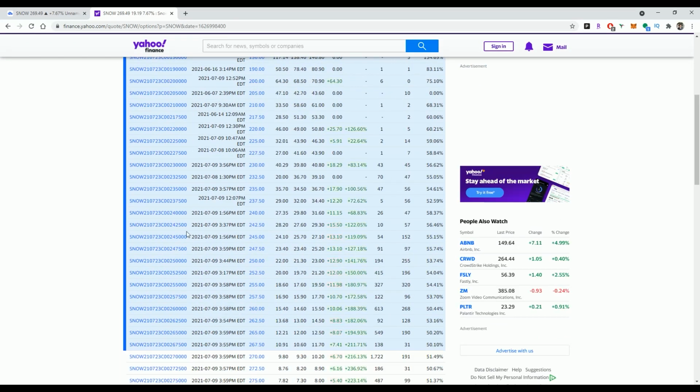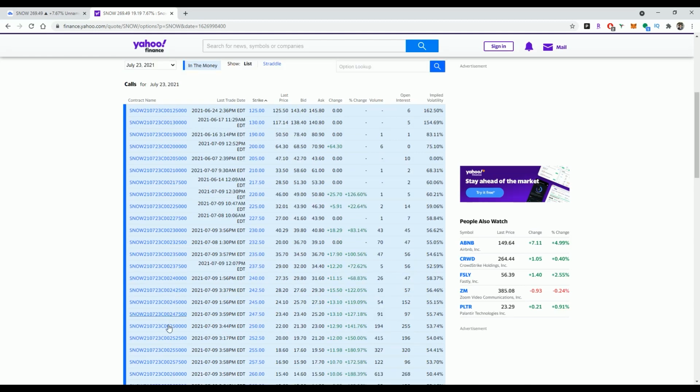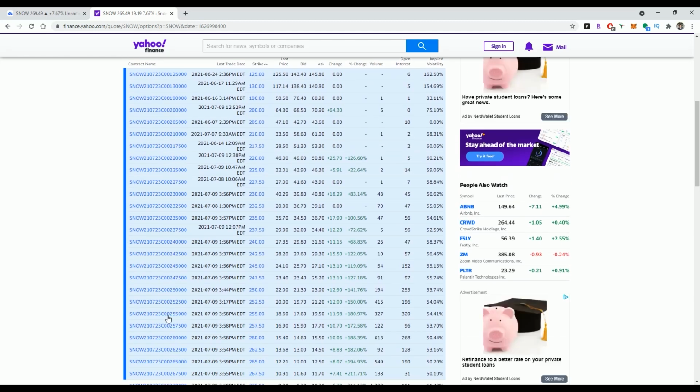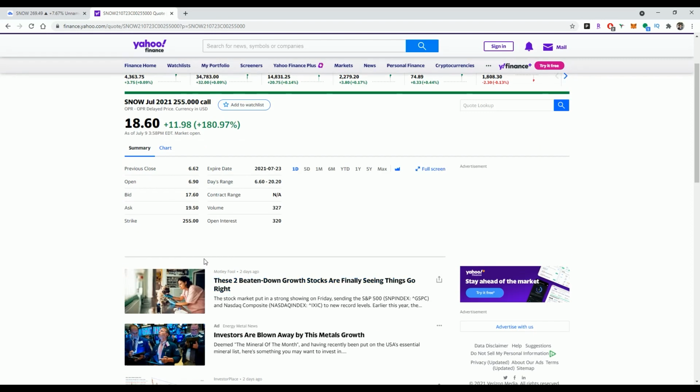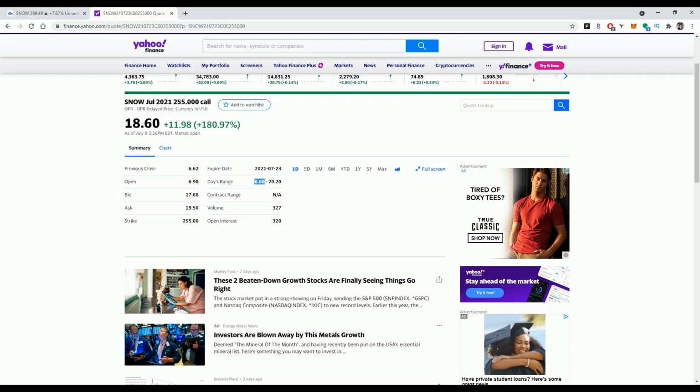It's going to be this 255 strike, right here. You can see that it's at $18.60 on Friday. It went from $6.60 all the way to a high of $20. I missed out on buying at the very bottom because I wait for confirmation.